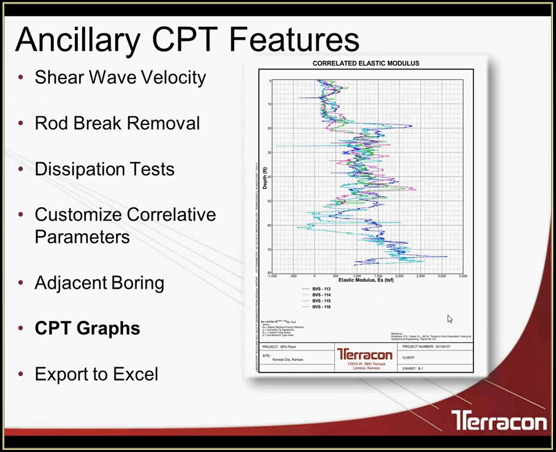That brings us to CPT graphs. Oftentimes it's helpful not just to print logs of several parameters for individual CPT tests, but also to print out a graph of a single parameter for multiple CPTs. In this case, we're looking at elastic modulus for 4 CPT tests.